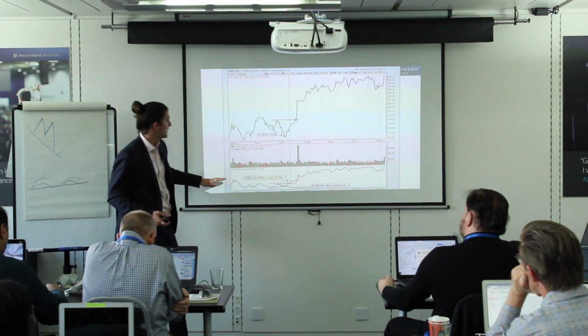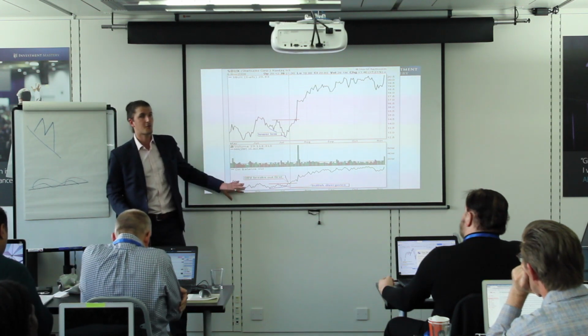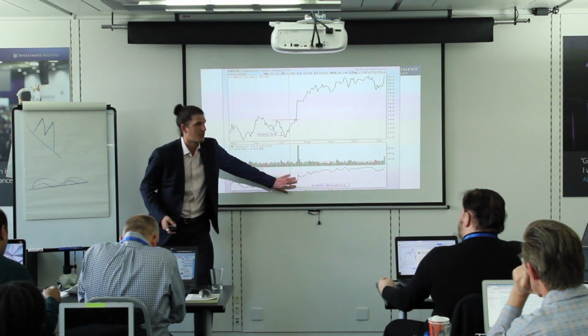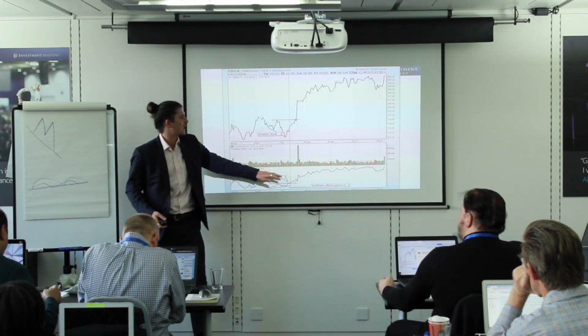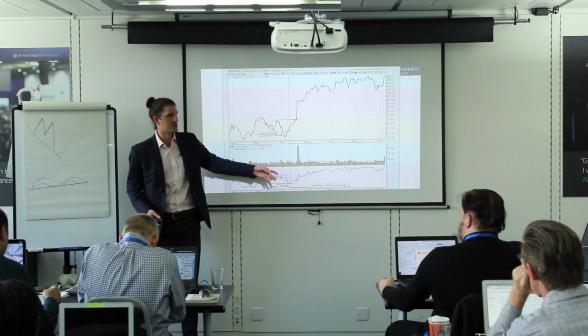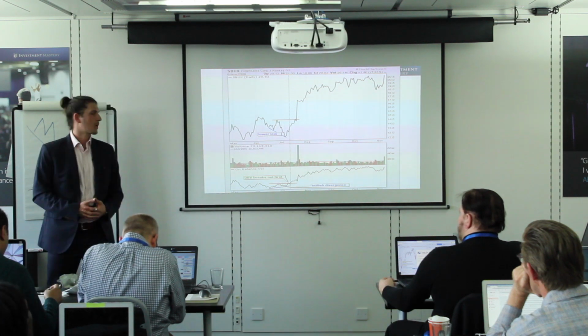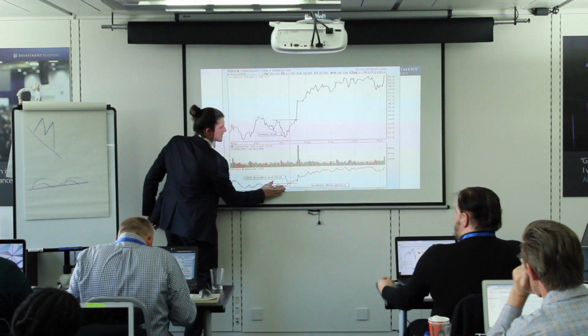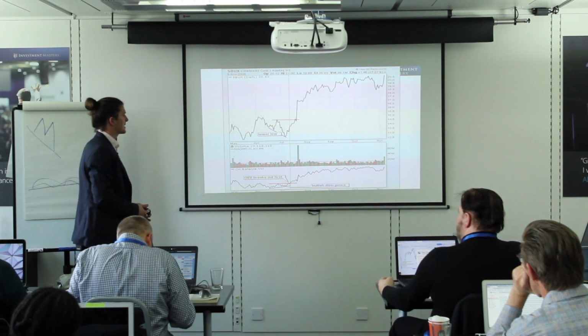What it shows you is on balance volume. What we look for here basically is a channel in the volume, and the volume usually breaks out before the price does. So when we have a resistance line and we see a breakout to the upside, it's a bullish divergence.